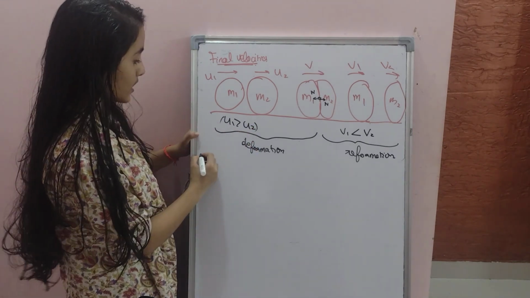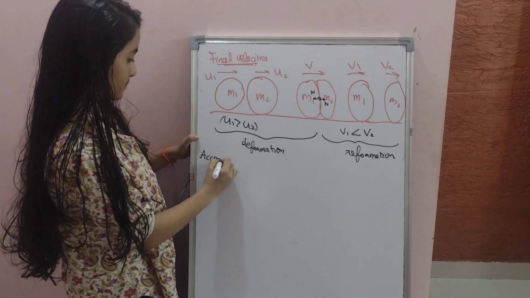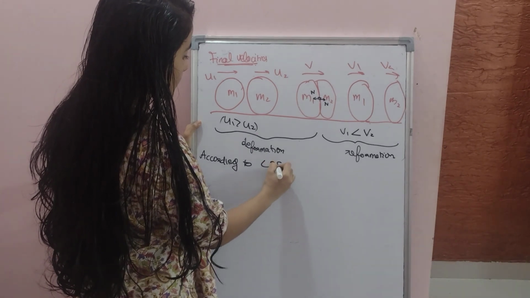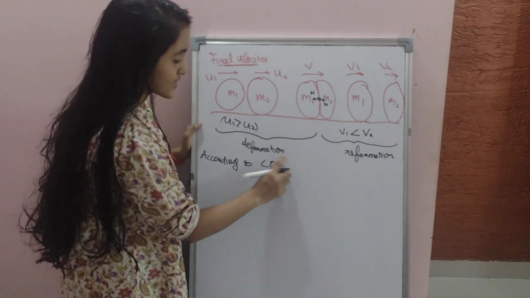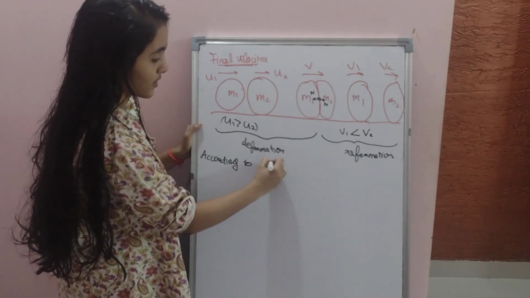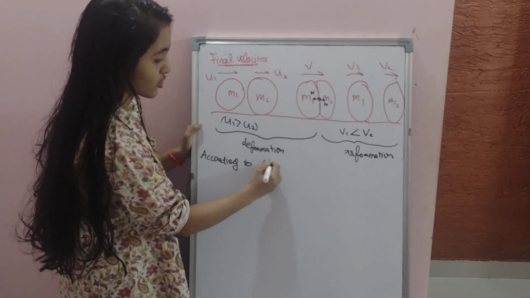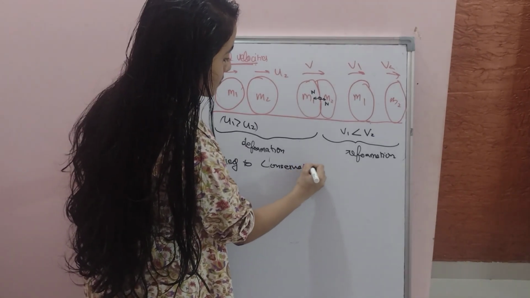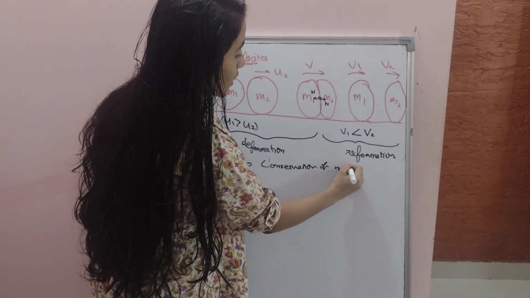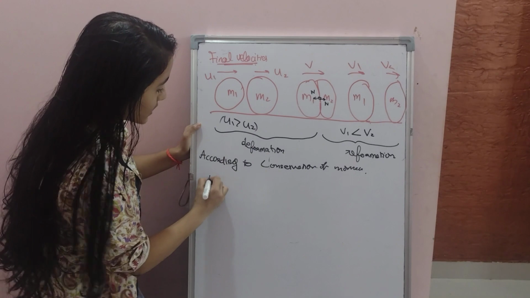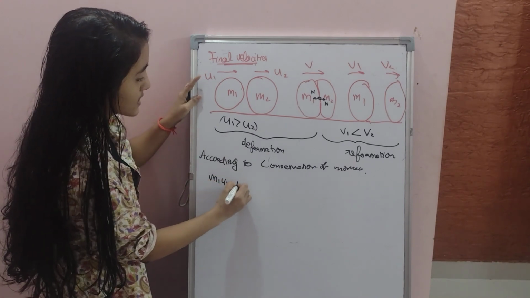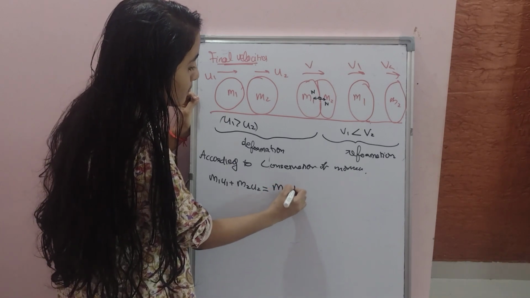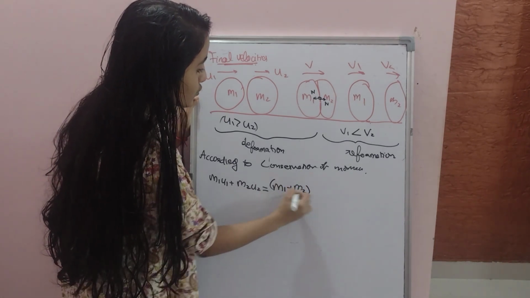So during collision, momentum remains constant. Therefore, according to conservation of momentum, what can we write? m1u1 plus m2u2 is equal to (m1 plus m2) into v.